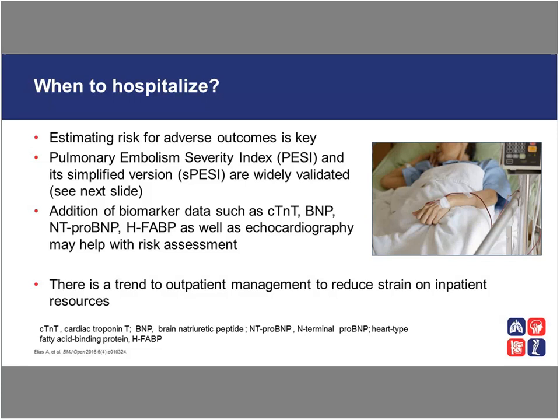I'll show the two scores on the next slide, but you'll see the factors that go into this score are clinical-based and patient-based. There is ongoing work looking at adding biomarkers to these scores, including, for example, troponin, BNPs, pro-BNPs, and so on, as well as echocardiography parameters that could further refine the risk score.